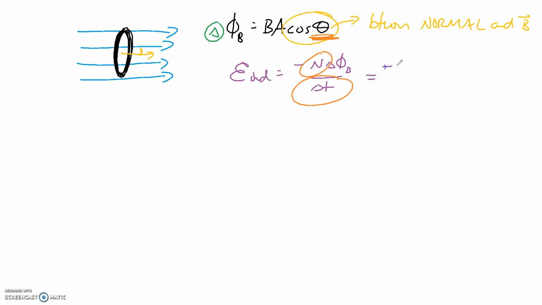If we expand out the expression, we've got negative N delta of BA cos theta divided by delta T. That delta could apply to any one of these things. You can change the field, you can change the area, you can change the theta. You can change any one of those things to actually produce an EMF, but the angle would be the easiest thing to change just by spinning the coils of wire, like again in a generator.